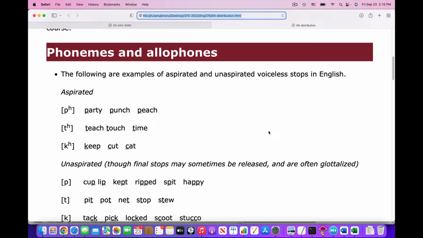Examples of aspirated stops are shown in the first set: party, punch, peach, teach, touch, time, keep, cut, cat. And if you're wearing a mask, you should be able to feel puffs of air when you say party, punch in your mask, or if you put your hand up, party, punch, and so on.